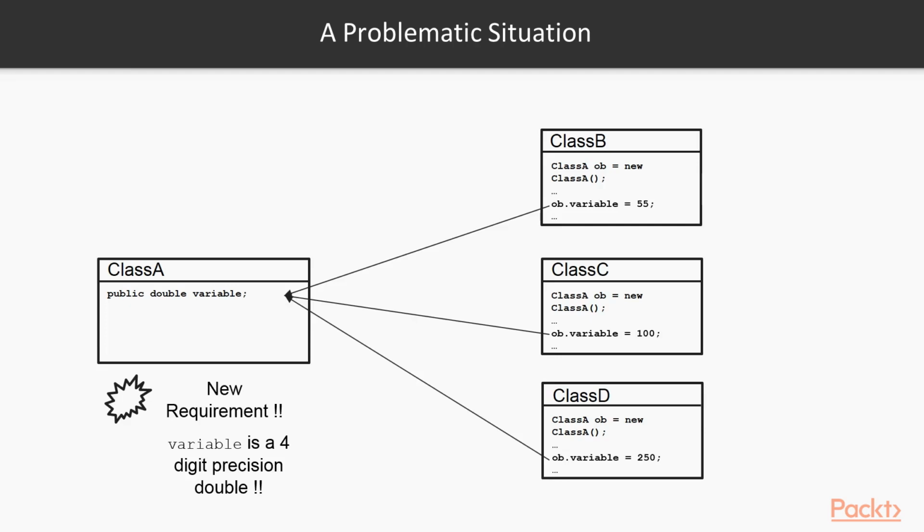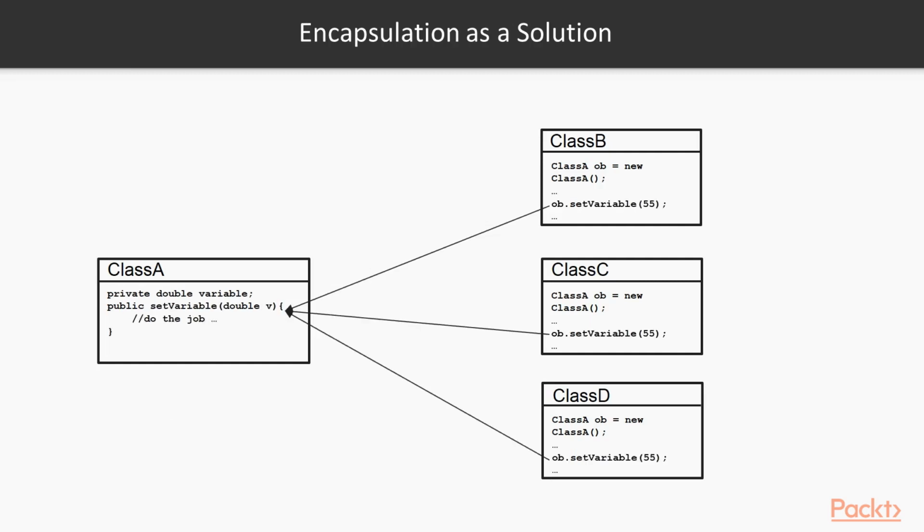Let's consider now a solution to that problem. The solution would be to have the variable made private and the changing of the value of that variable done inside a method called a setter method, which is responsible for setting the value of that variable.